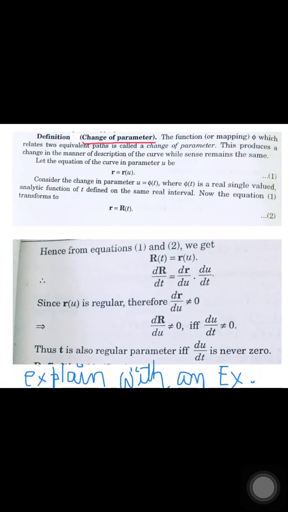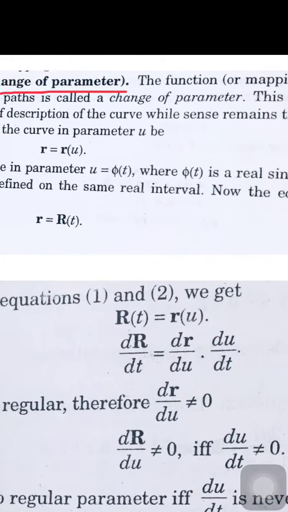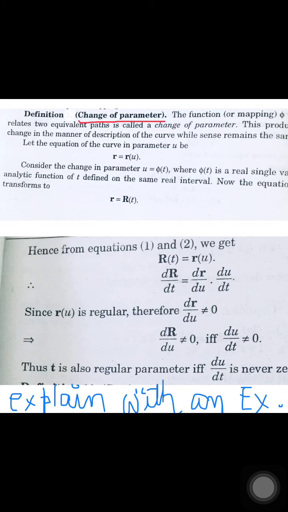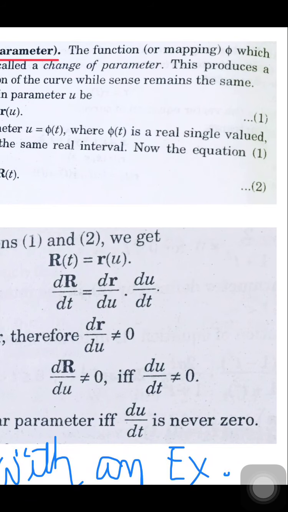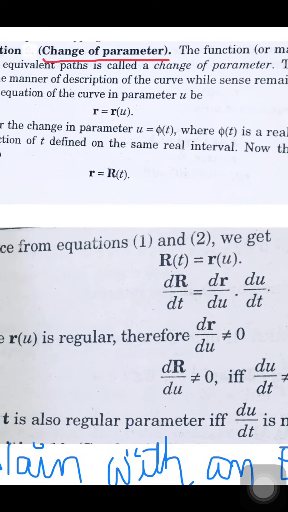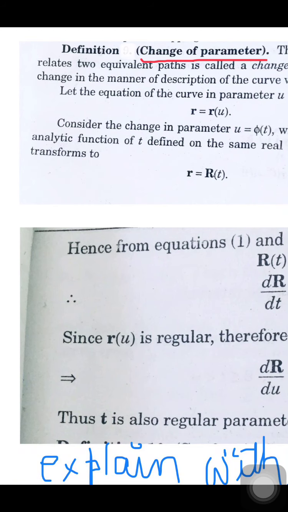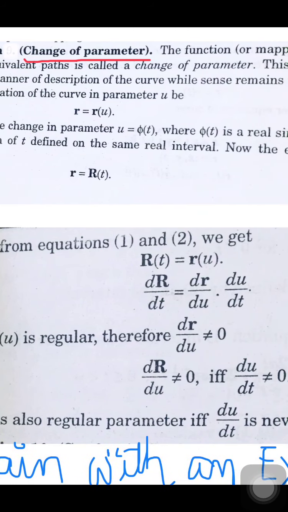Okay, now we come to the change of parameter, which is again important. If we consider a function in one parameter and we want to change it to another parameter, this is known as change of parameter. The function or mapping phi which relates equivalent paths is called a change of parameters.